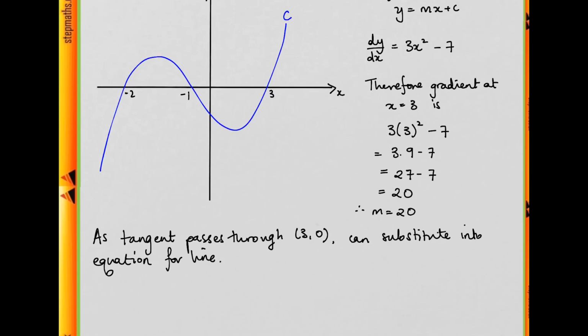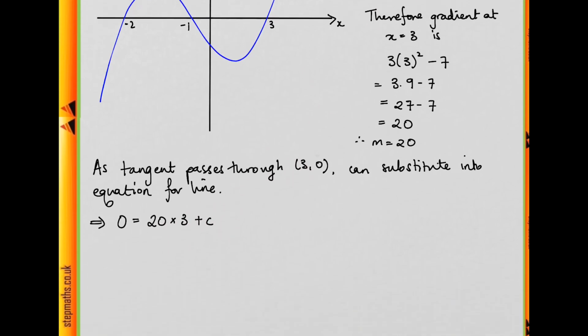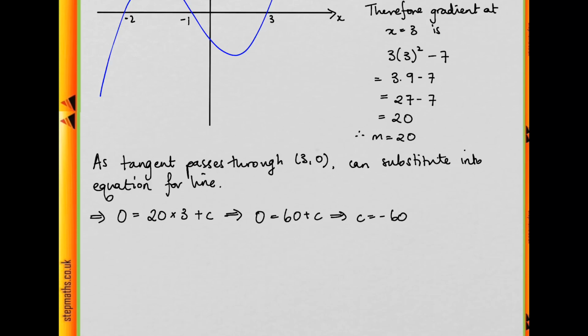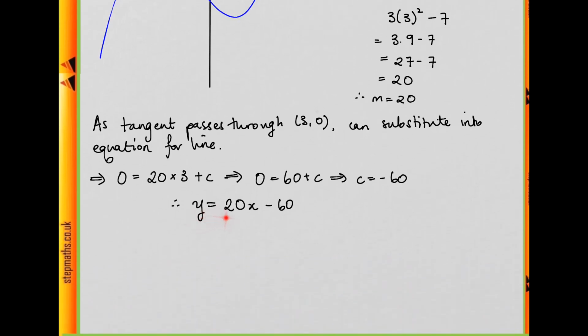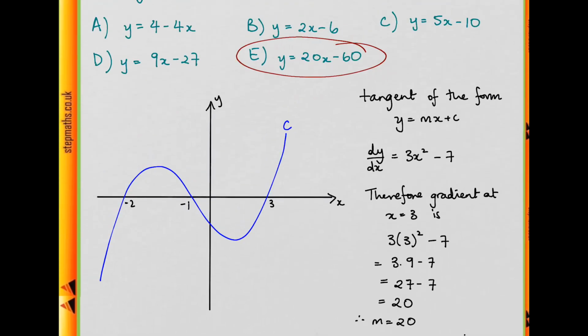So y is going to be 0, and m is 20, so 20 times 3 is the x, then plus c at the end. That just means that 0 is 60 plus c, i.e. c is equal to minus 60. Therefore, our equation for the line is going to be y equals 20x minus 60, and you can see that that is the same as E.